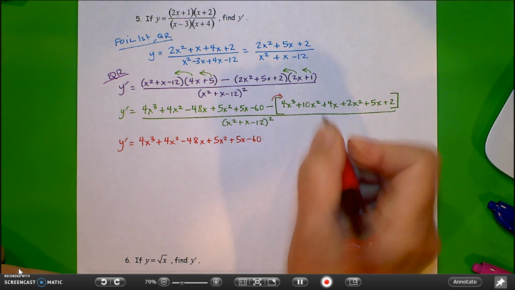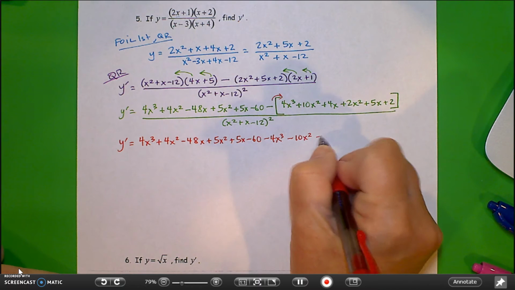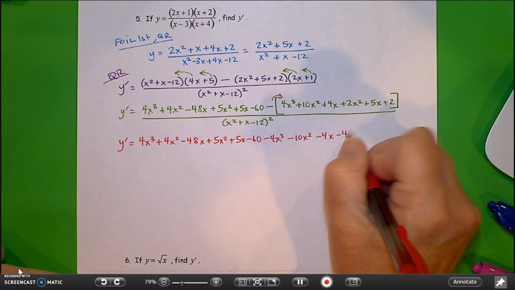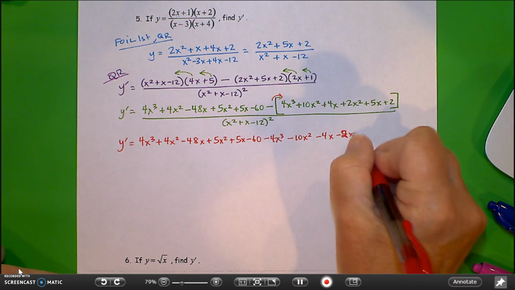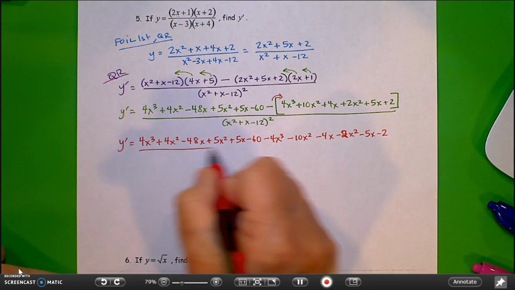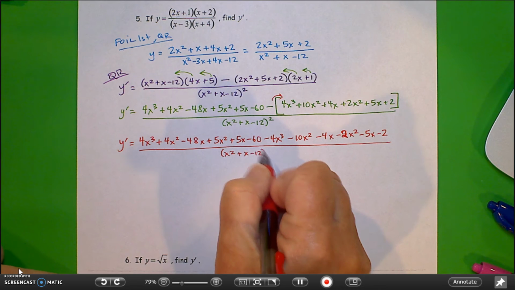And then now distribute the negative. Minus 4x cubed minus 10x squared minus 4x minus 2x squared minus 5x minus 2. All over the same denominator, squared.